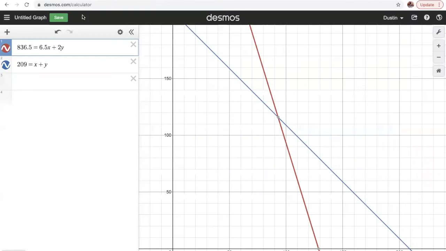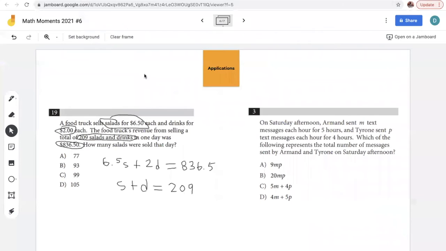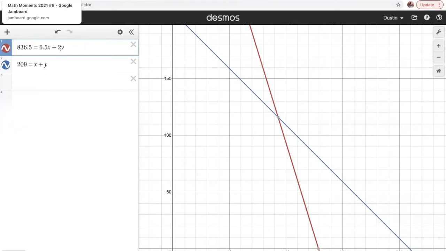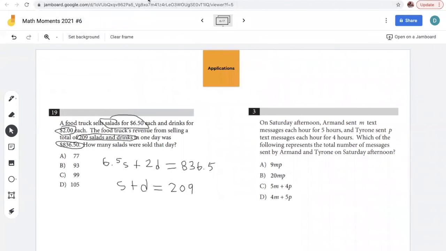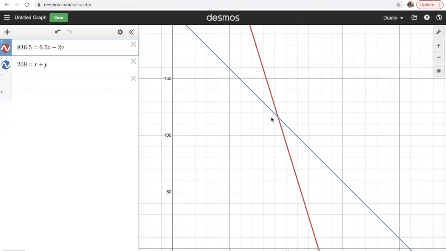Instead, I'm going to show you a graph. You'll notice the red graph is the first equation here, and then the blue graph is the second one. All I want to do is find the intersection point between them. Now, this is important because we put salads first.